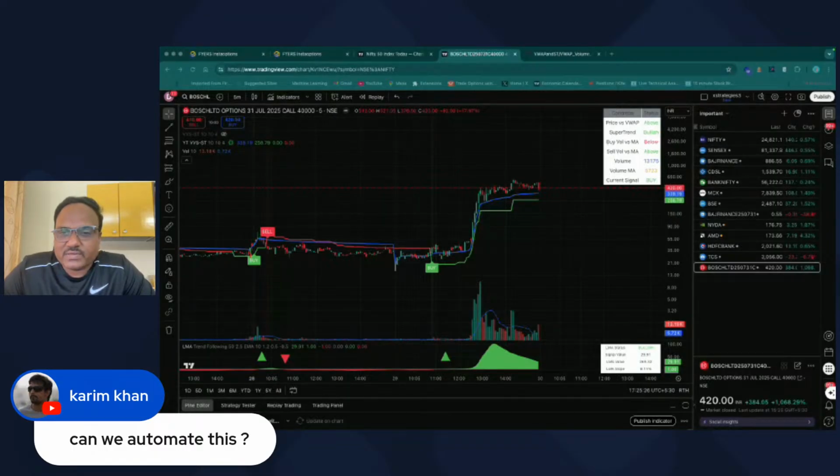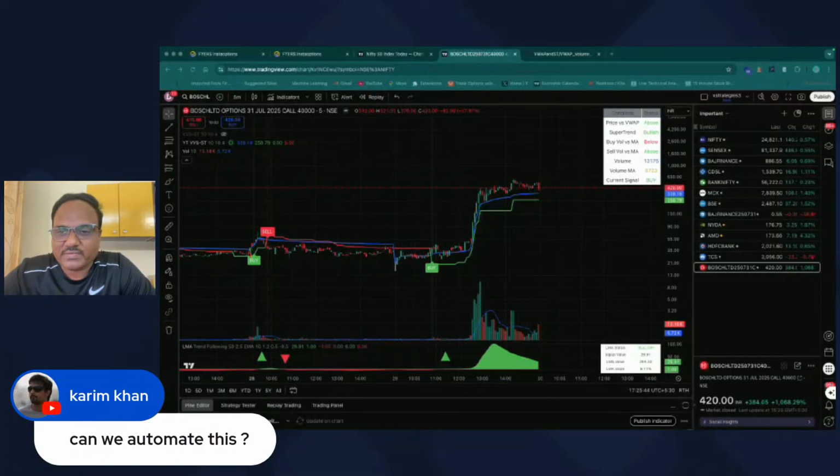For volume, again, you need to calculate the moving average, and then you'll have to scan through whatever option prices are stored, and then you can build some Python program to read that and create the signals out of that. That's absolutely possible.